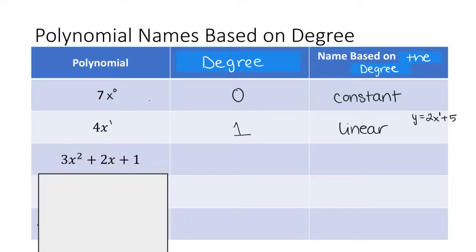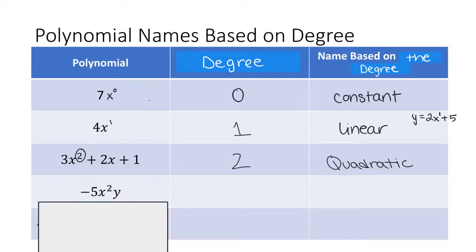The next one, 3x squared plus 2x plus 1, and this is actually the one we are going to be studying a lot. The highest power here, or the degree, is 2. This is called a quadratic. It's kind of annoying because quadratics, quad makes me think 4, which does have some relationship to this polynomial, but generally speaking, 2 doesn't make you think quad, but those are what somebody decided to call them.